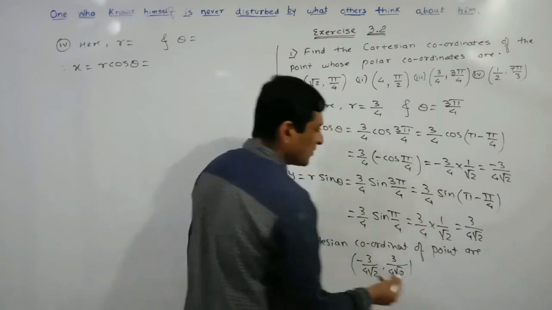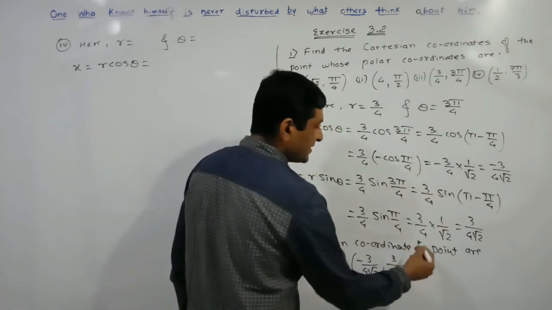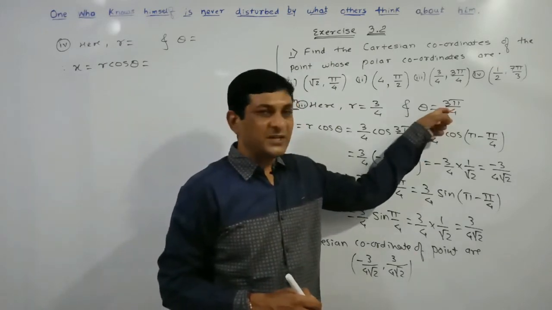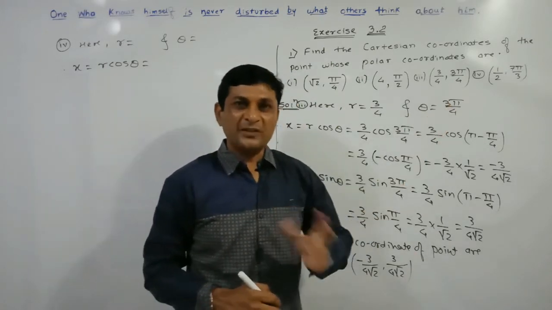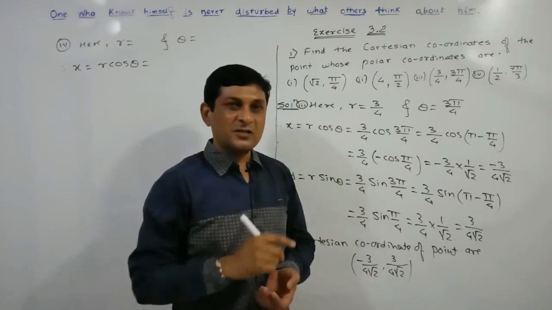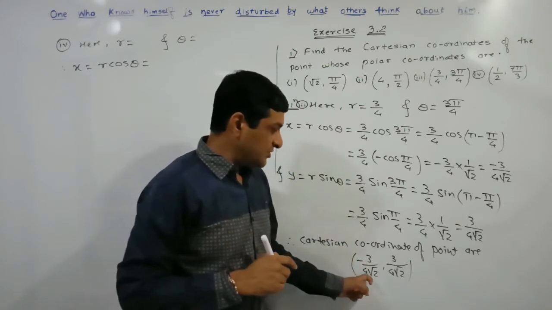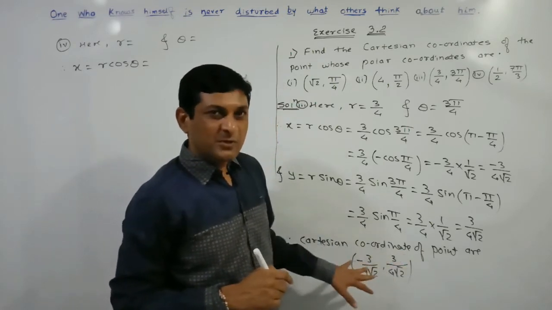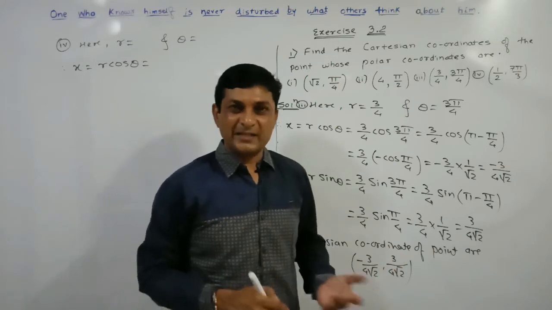In this way we have got Cartesian coordinate of the given point, and here just simply we can observe that value of theta is 3 pi by 4 means 135. It lies in which quadrant? Second quadrant, and in second quadrant we know that x coordinate is negative and y coordinate is what? Positive. So we are easily able to verify whether our answer is right or wrong.